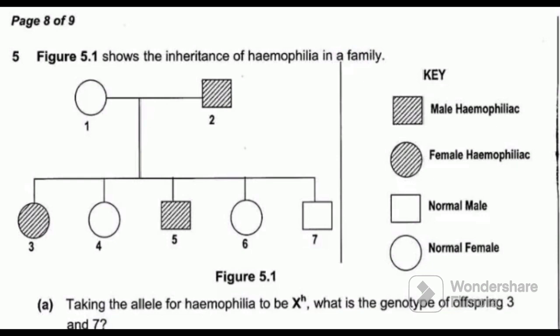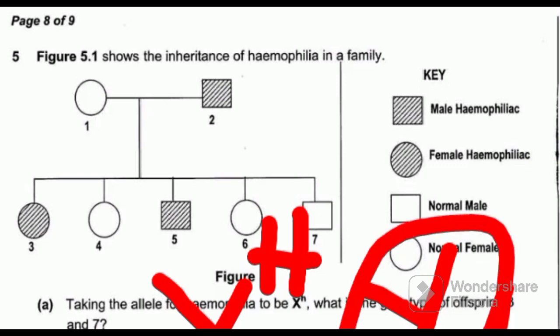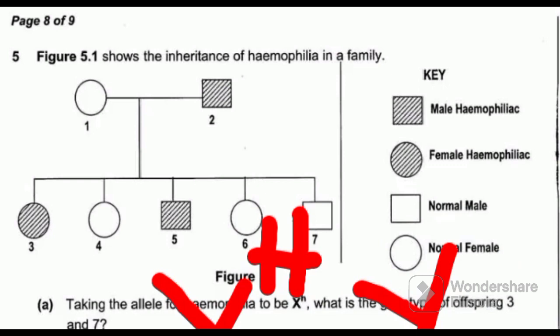A normal male is going to be written as X to the power capital letter H and the Y chromosome. For these sex-linked or inherited diseases, we put nothing on this Y chromosome. So this is our genotype for offspring 7.